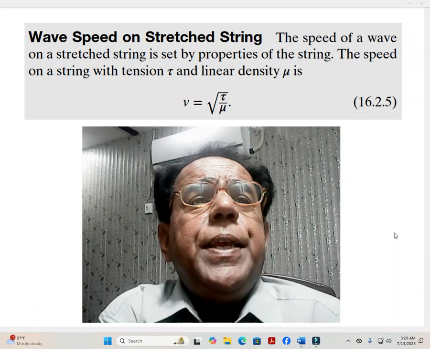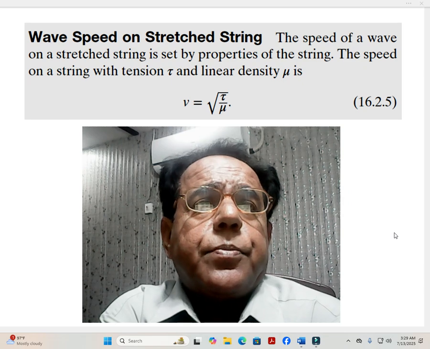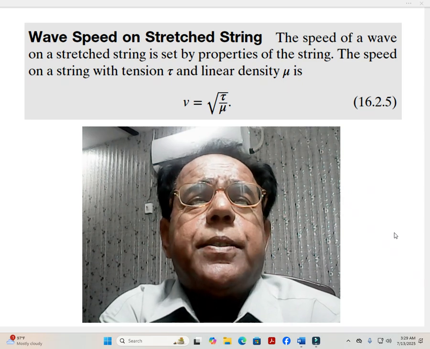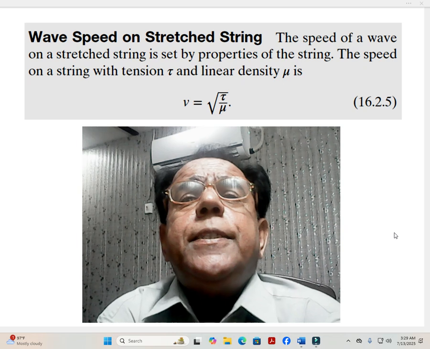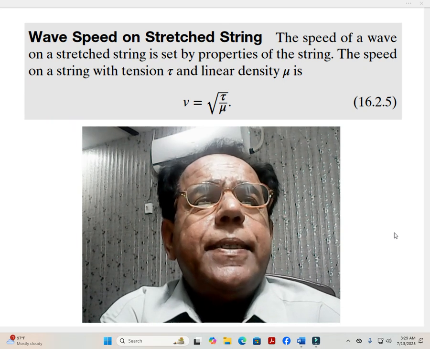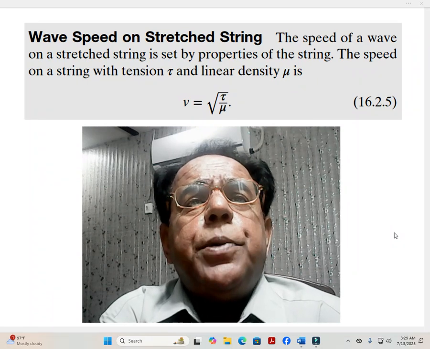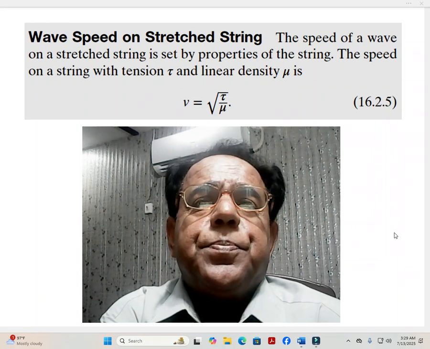Wave speed on a stretched string. The speed of a wave on a stretched string is set by properties of the string.